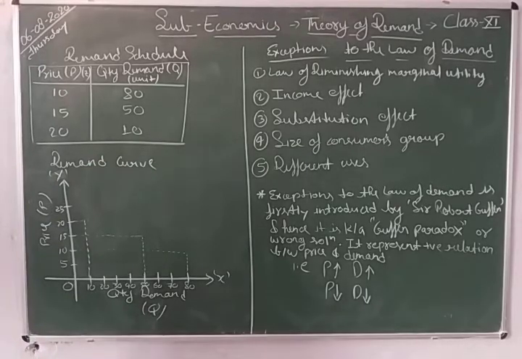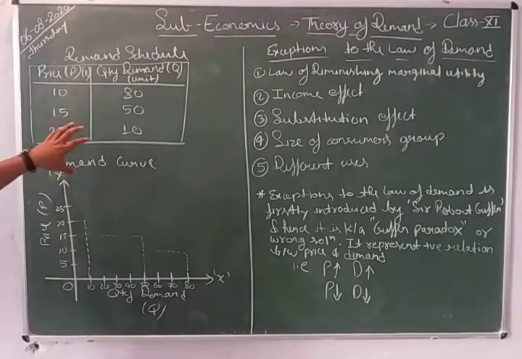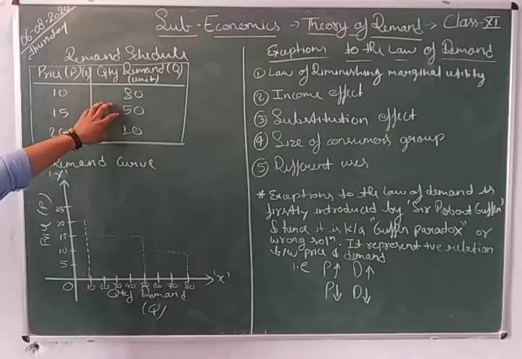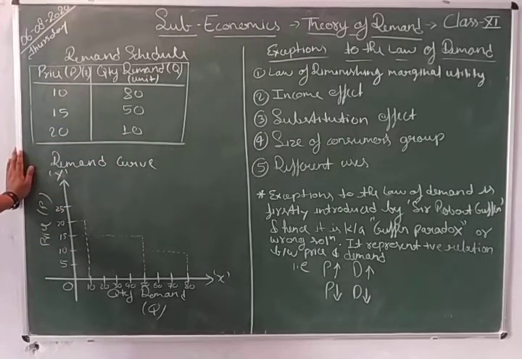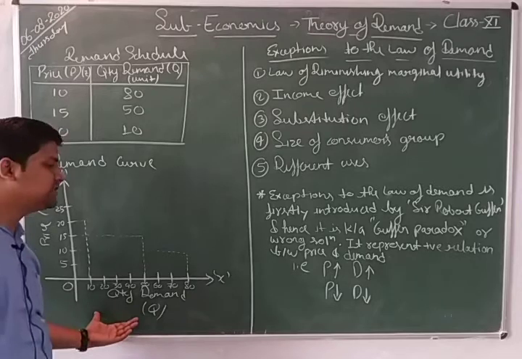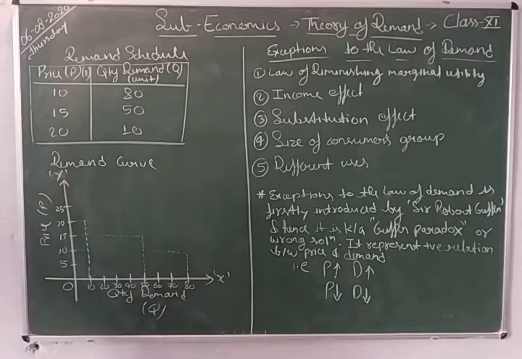Okay, students, let us see how the curve is going to be made from the given schedule. Here is the demand curve, in which the price is on the y-axis and quantity demanded is on the x-axis.